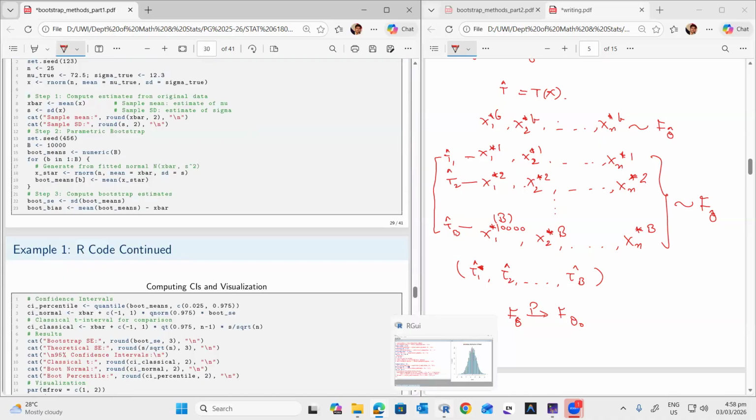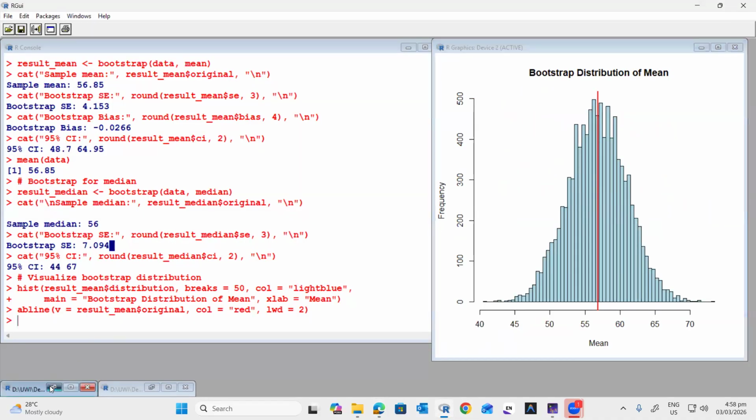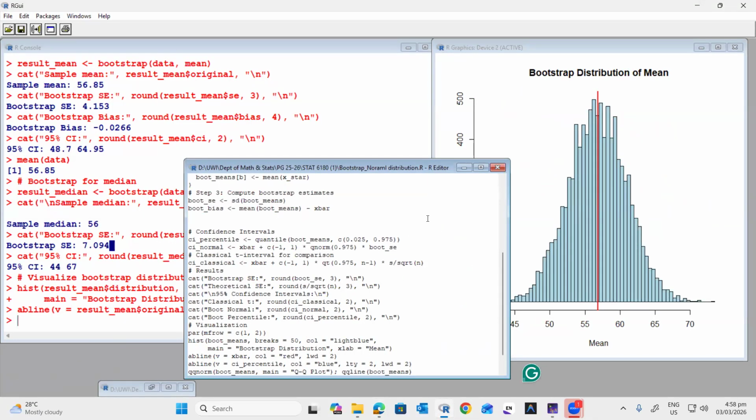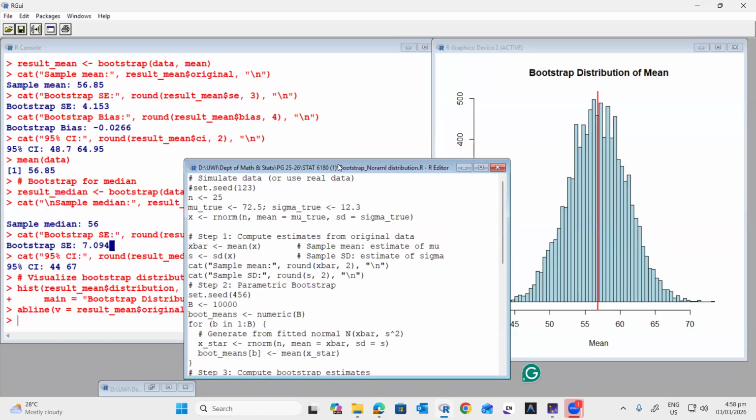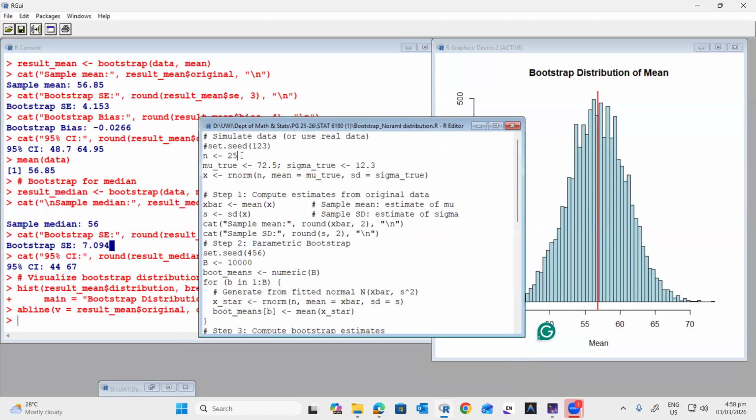We just try it in R again. Okay, so here we are going to close the set.seed. All right, so suppose I am having the sample. I need to generate a sample of size 25, where my true mean mu is 72.5 and my true standard deviation is 12.3.